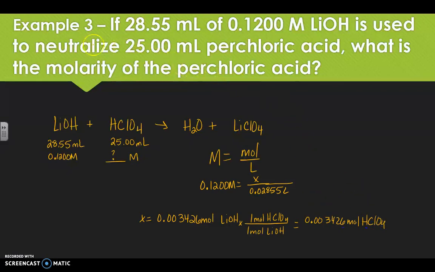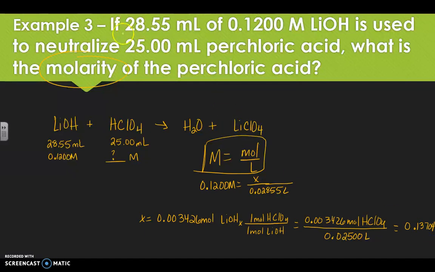All right, well, guess what? We want molarity. And remember that molarity is the same thing as moles over liters. I have moles of perchloric acid. I have milliliters, which means I have liters, 0.02500 liters. And so now I just have to plug that in and solve for it. And I get 0.13704.